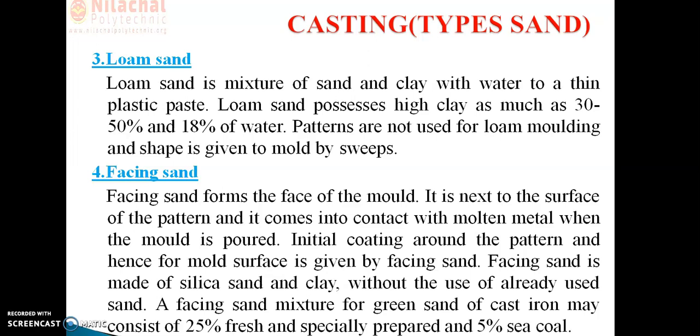A facing sand mixture for molding of cast iron may consist of 25% fresh and specially prepared sand, 70% old sand and 5% sea sand. Facing sand possesses high strength and refractoriness.